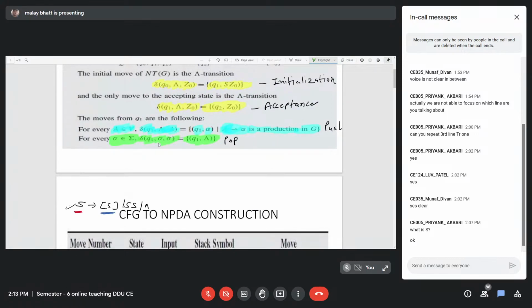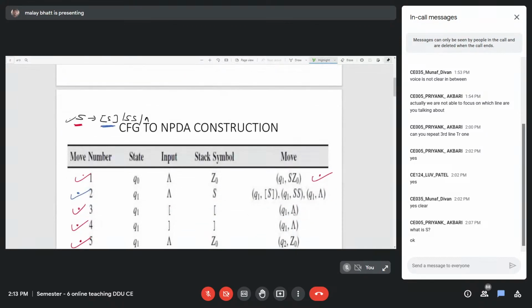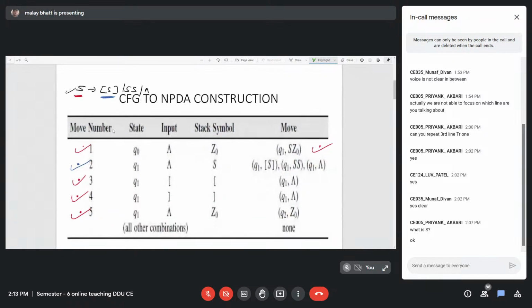Here you can see we are matching opening bracket with opening bracket, and it is Q1, null. Similarly, another terminal symbol is the closing bracket, so we'll write Q1, closing bracket and closing bracket. We'll match the input closing bracket with the top of the stack closing bracket, and we'll write Q1, null.